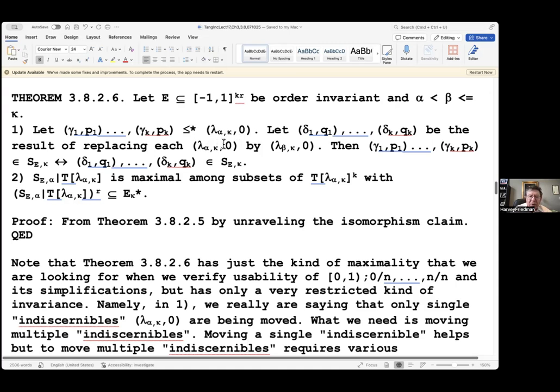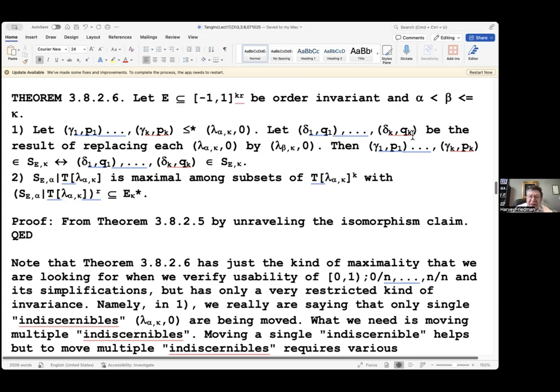Okay, comma 0. Then this is in the language of our usability notion. If you remember the way usability works for these particular functions that we're working with.